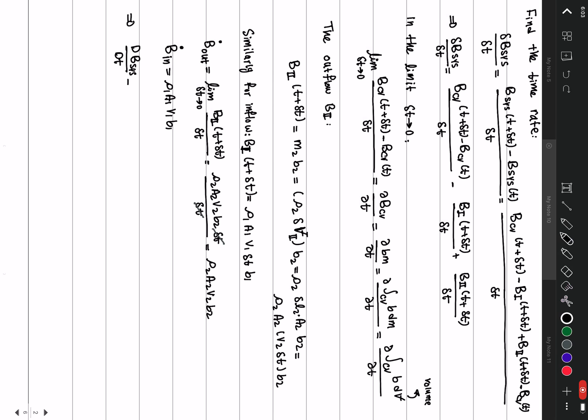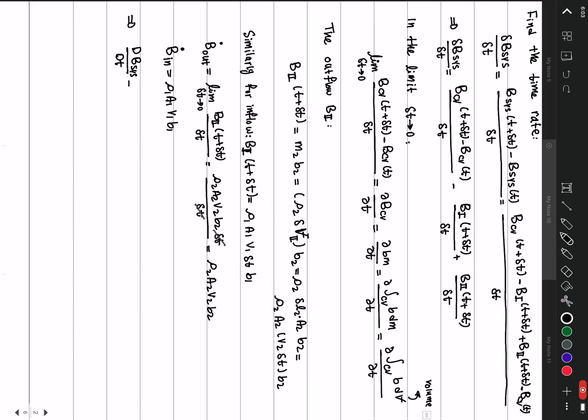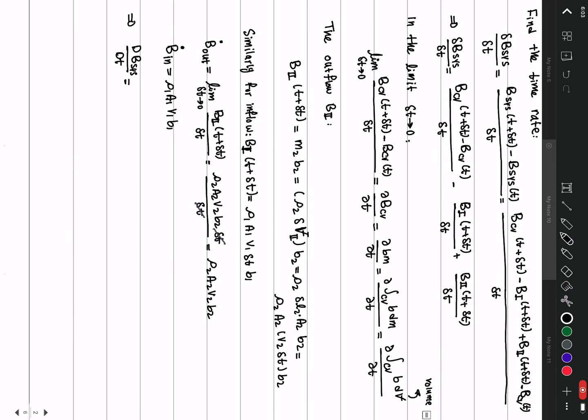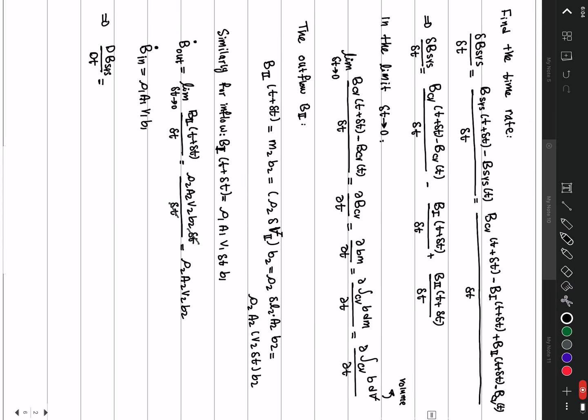So dB system over dt equals to the second term, which is this term. And here we show that this term is equal to this, right? So I'm just going to write it down here. Equals to.